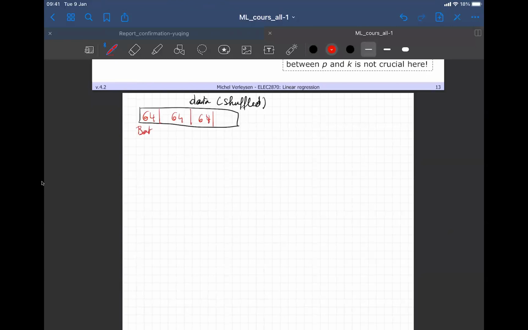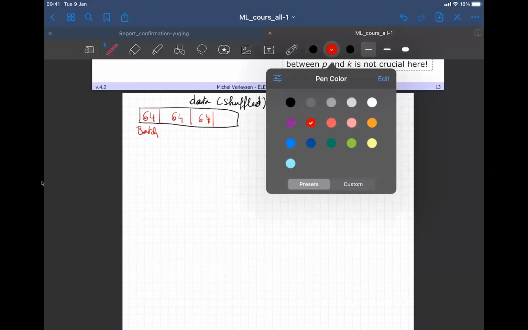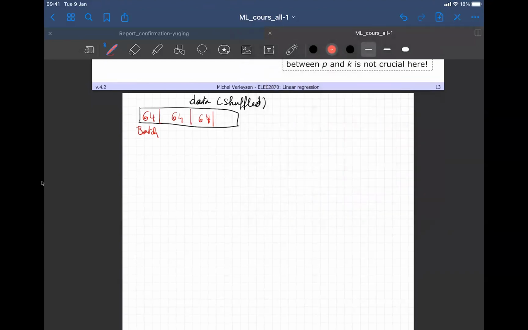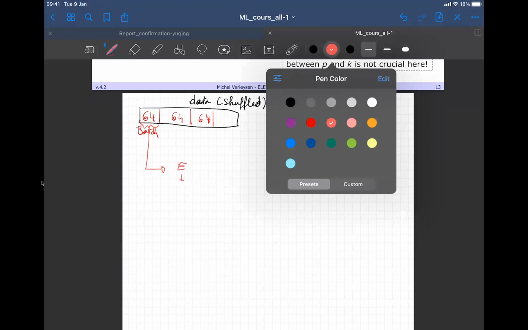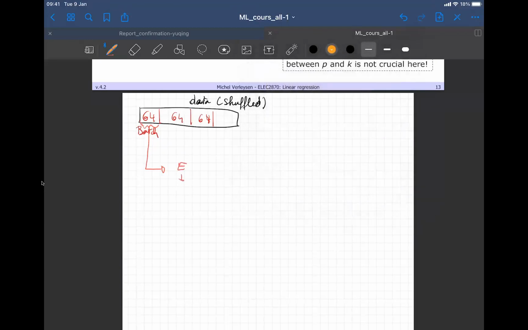Then you take these points, the first batch, and you compute E. From this, you compute the derivative of E with respect to the weights.